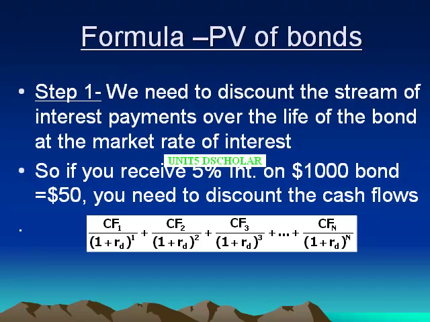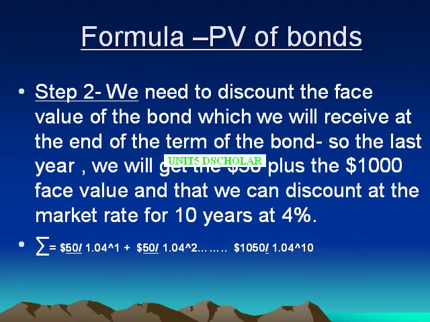Like I said, if you receive 5% interest on a $1,000 bond, you need to discount these cash flows: 50 divided by 1.05 to the power of 1, plus 50 divided by 1.05 to the power of 2, and so on, until the last year it is $1,000 plus 50, 1,050, divided by 1 plus 0.05 raised to the power of 10. That's how we determine the present value of the bond.